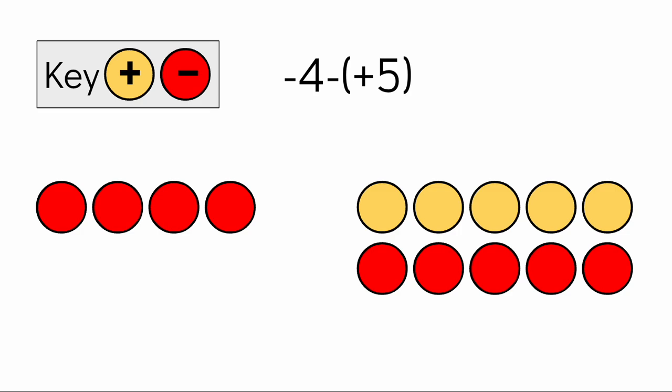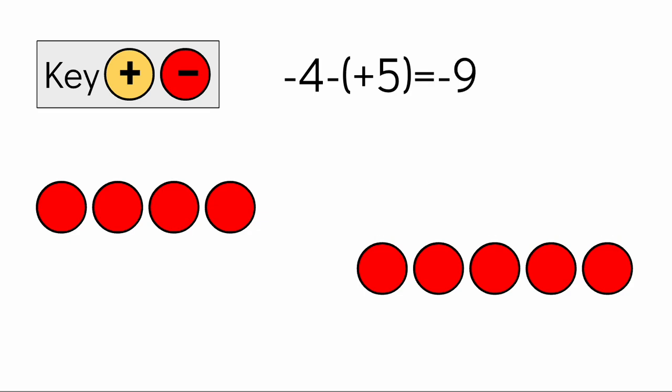By adding 5 zero pairs, we now have enough yellow counters to be able to subtract positive 5. Subtracting positive 5, we are left with negative 9. So negative 4 minus positive 5 equals negative 9.